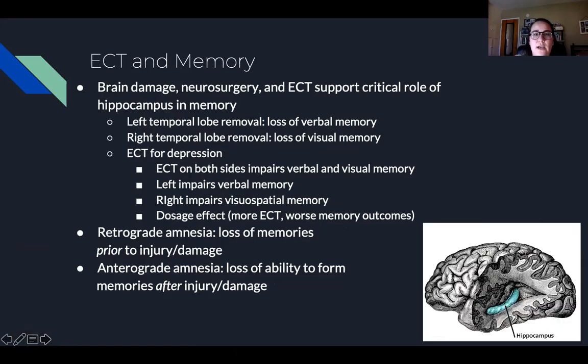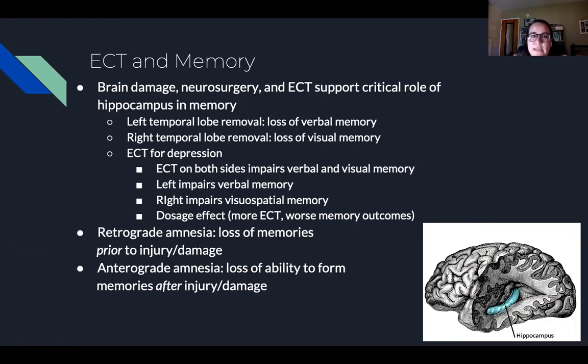And so now we're going to talk about some of the ways in which we've gotten evidence for this idea of storage and retrieval.